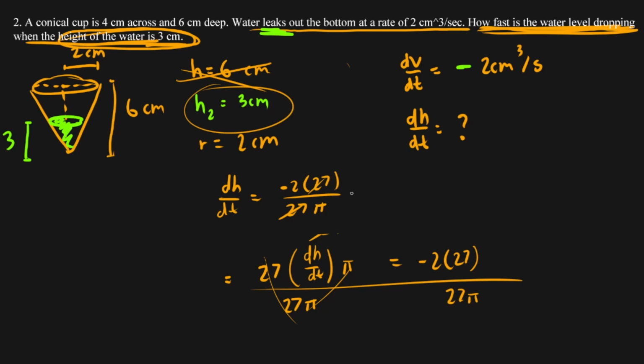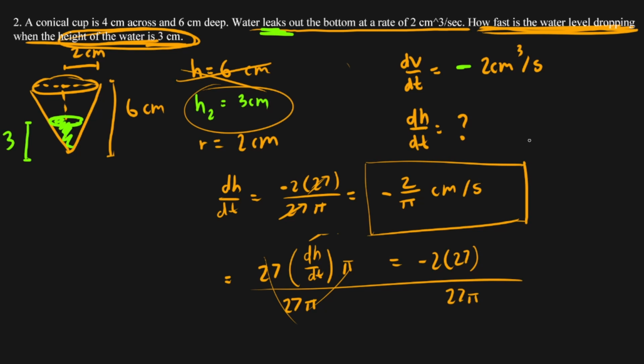Now the 27s can cancel out. Our final answer is negative 2 over pi centimeters per second. So this is the rate. This is how fast the water level is dropping when the height is 3 centimeters.